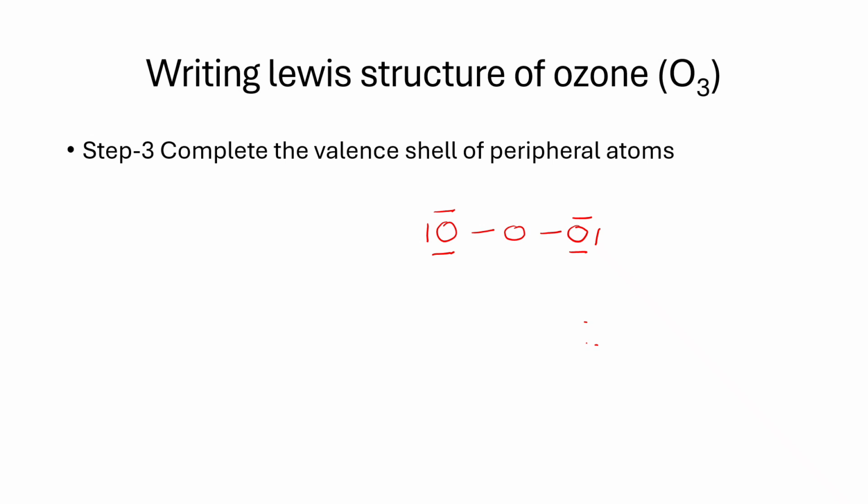So from the previous slide, we had to account for 14 more electrons, and now since we have a total of 6 lone pairs on the peripheral atoms, that means out of these 14 electrons, 12 have already been accounted. So that means we only need to account for 2 more electrons in the next step.